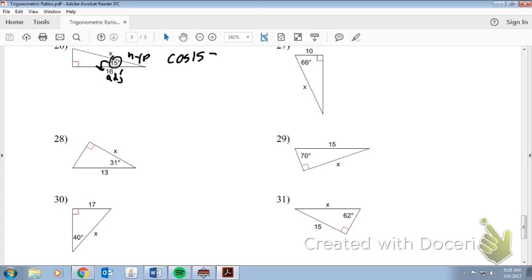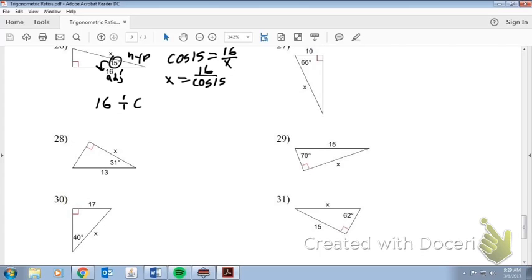So we know cosine of 15 is going to be 16 over x. So what we can then do is switch those out. If you don't understand how I just did that, multiply both sides by x and divide by the cosine of 15. So I get 16.